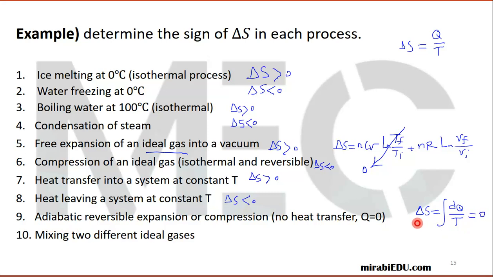So there is no change in entropy in this process. Mixing two different ideal gases. Delta S is positive here because we experience more disorder. Mixing of different ideal gases causes entropy to increase. Okay.